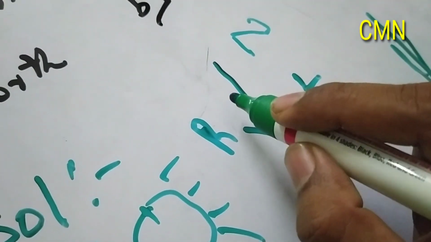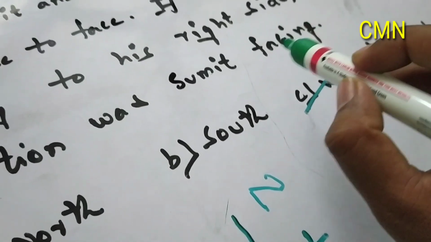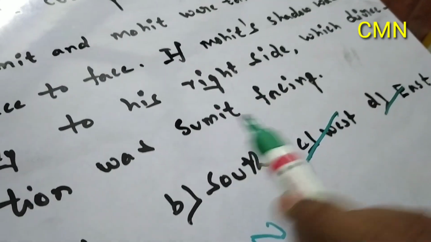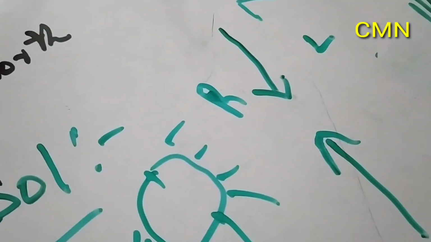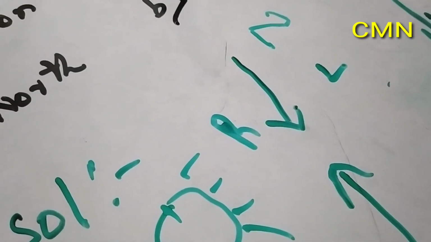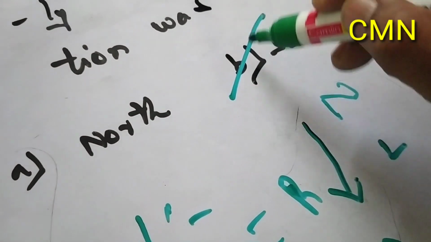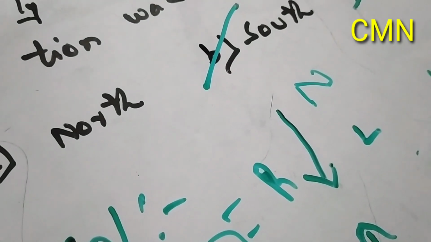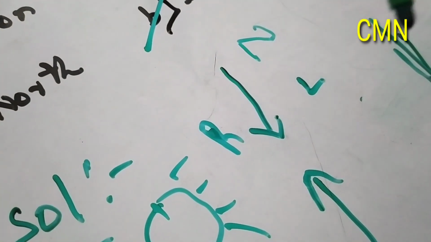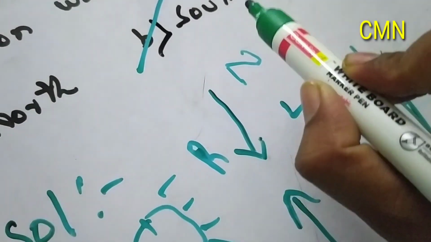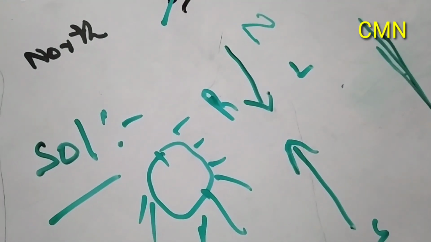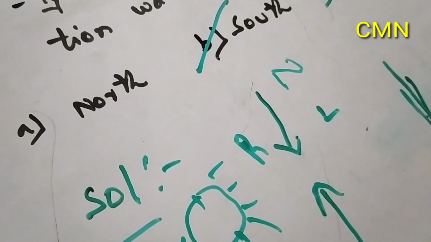So Mohit's shadow will be on his right side. Mohit is facing the south direction, so the answer will be south. B is correct. Okay. Next, Mohit is facing the south direction, so Sumit is facing the north direction. Clear? Okay.